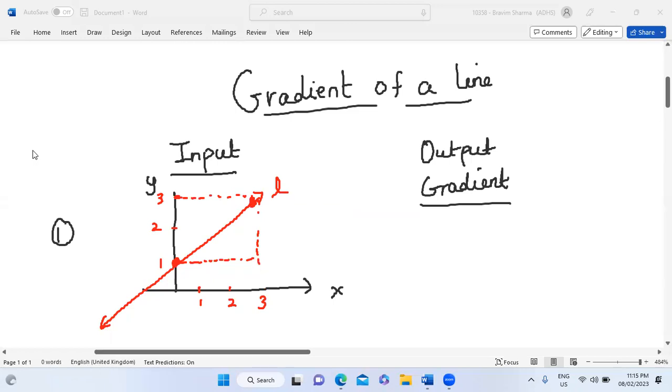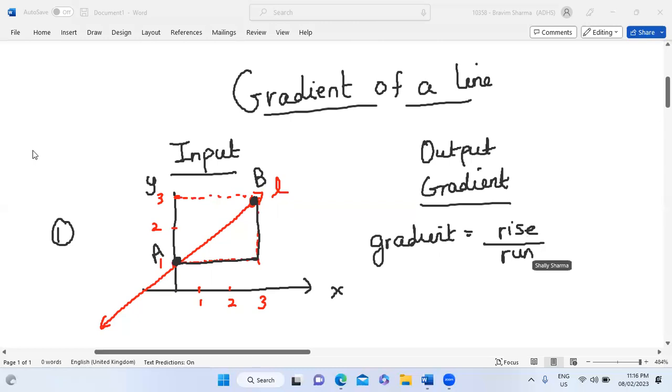I will be showing it with these two lines. I can select any 2 points on this line. Let's say this is one point and this is another point. We have to find the gradient of this line, line L, and A and B are the 2 points on this line. So the gradient can be given as rise over run.